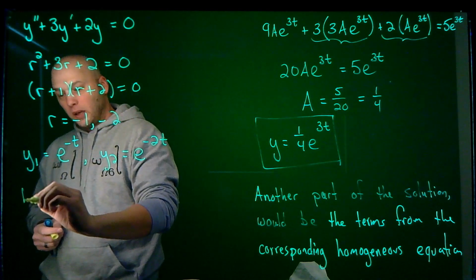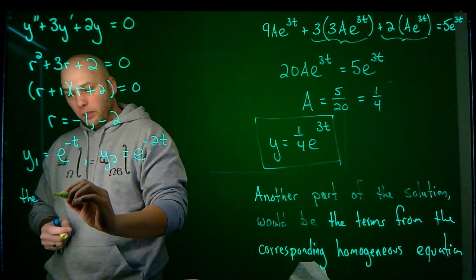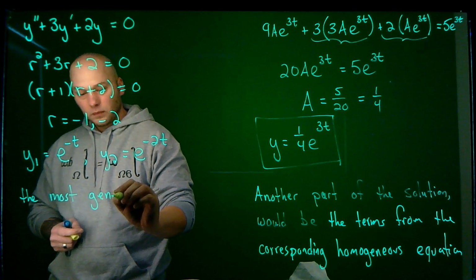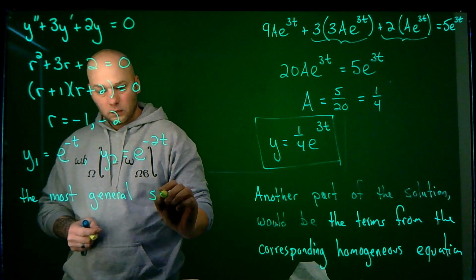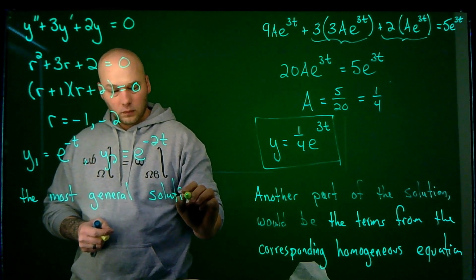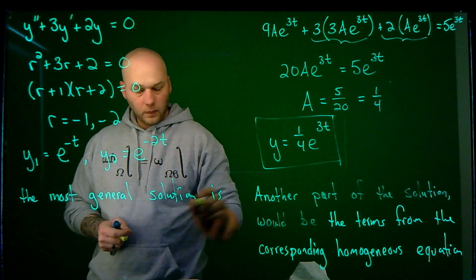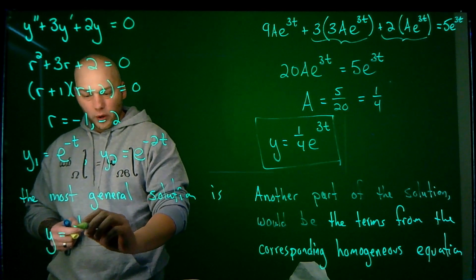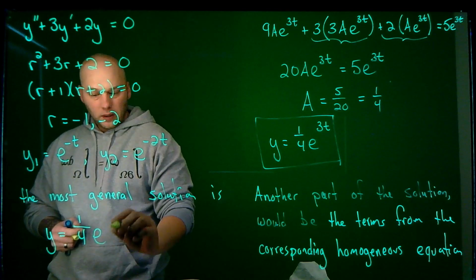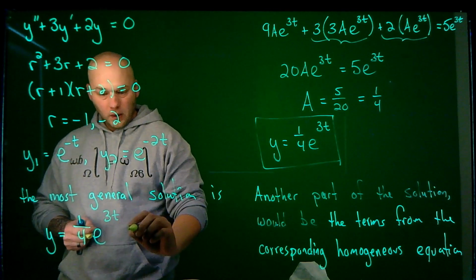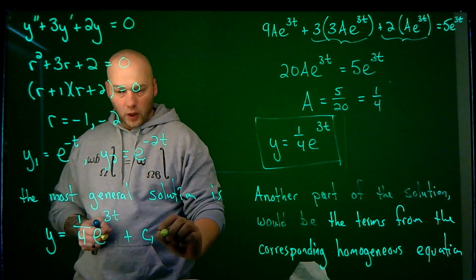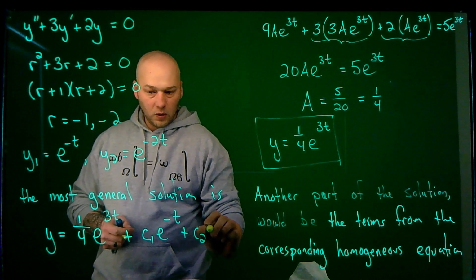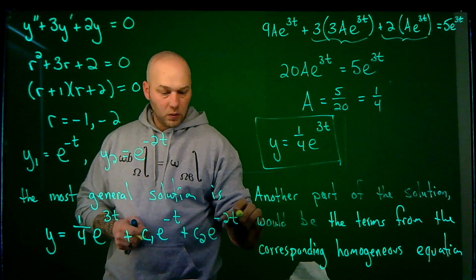Therefore, the most general solution is y is equal to 1/4 e to the 3t plus c1 e to the negative t plus c2 e to the negative 2t.